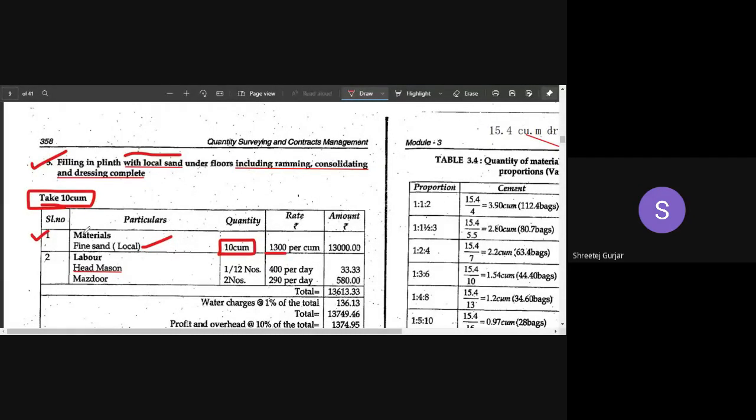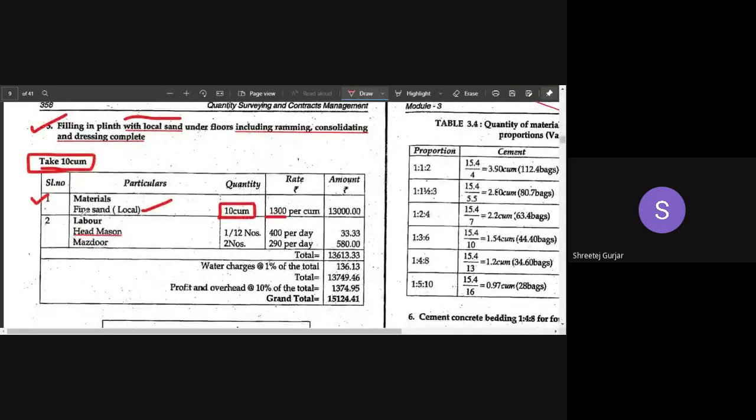Then for this particular work, you require labors, right? You require 2 mazdoors for backfilling, and to supervise them, you require a head mason. How many? Only 1 by 12 number. A very small number of mason is required, only 1 by 12th day.